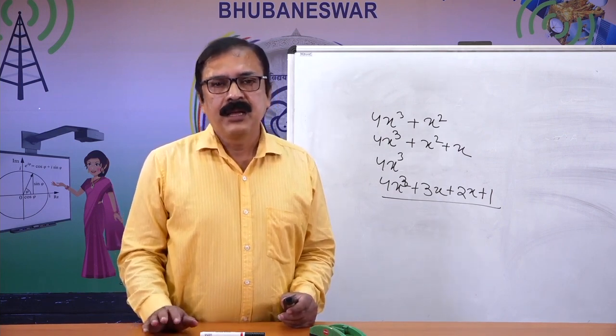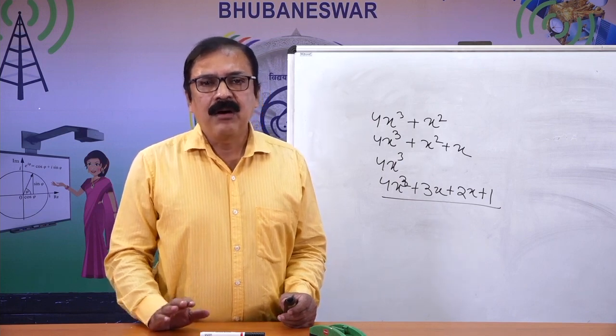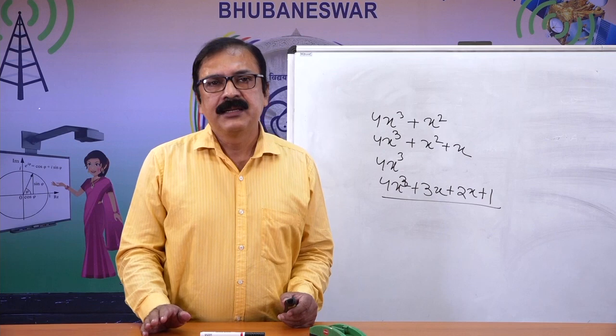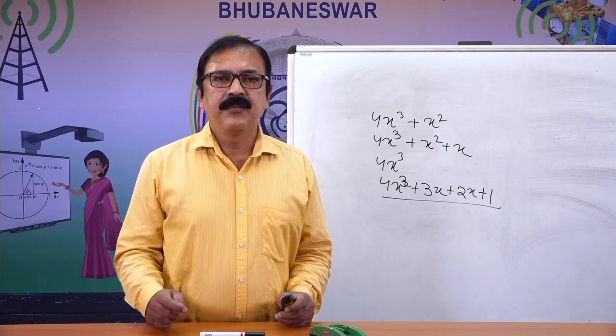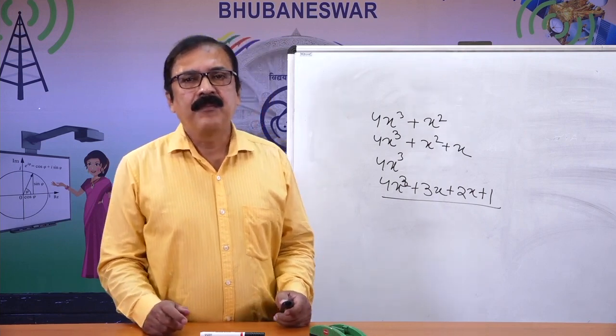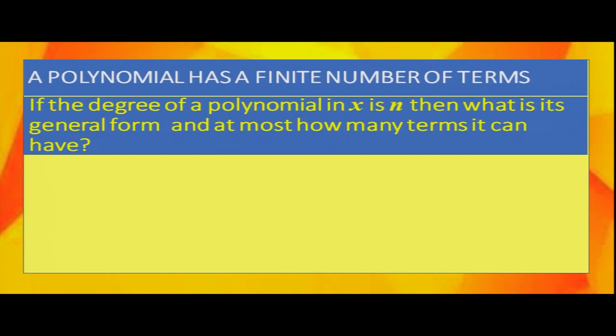Now you see the number of terms in all these polynomials is finite. That means we have a finite number of terms in any polynomial. If that number is n, as in the cubic case where the maximum number of terms is 4, then if the degree of the polynomial in x is n, what is its general form, and at most how many terms can it have?